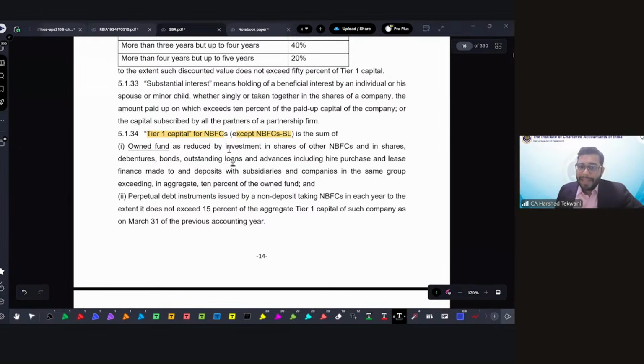You reduce by the investment in shares in other NBFCs, and in shares, in debentures, bonds, loans, advances outstanding in subsidiaries and group companies in same group, exceeding 10% of the own funds. That's tier 1 capital.